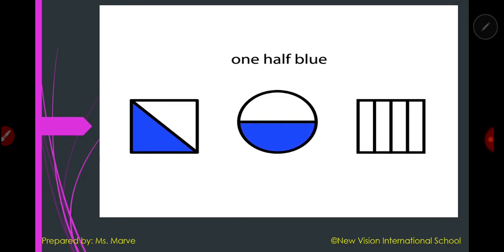The last shape is divided into 4 equal shares, so students see that the square can be divided into 2 equal shares, consisting of 2 quarters each. They color 2 quarters to show 1/2 blue. These students demonstrate that shapes can be divided into equal parts called halves. This will help students later on as they compare the sizes of 1/2 and 1/4 of the same whole.